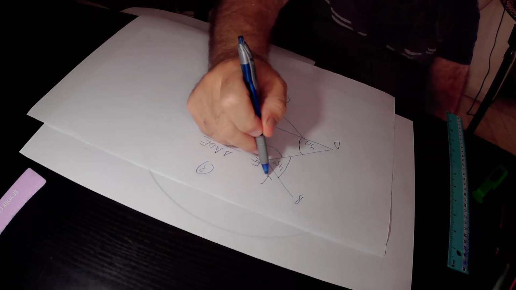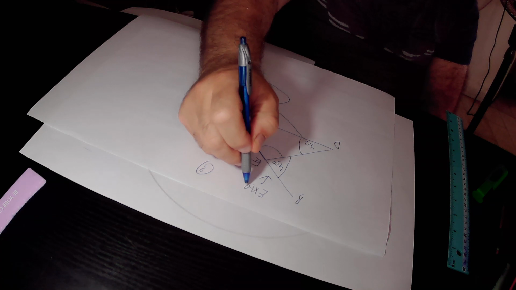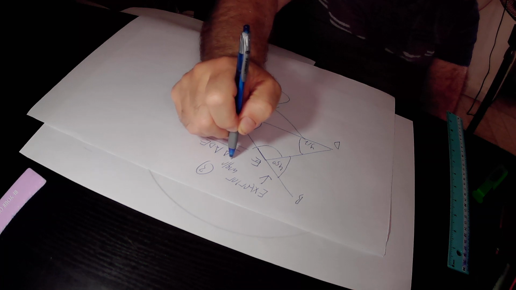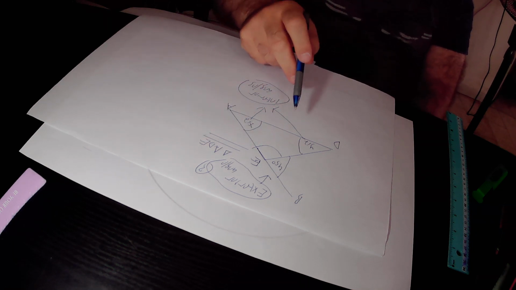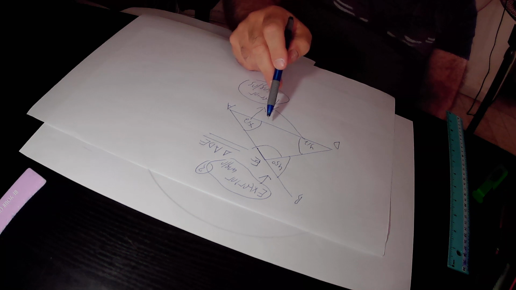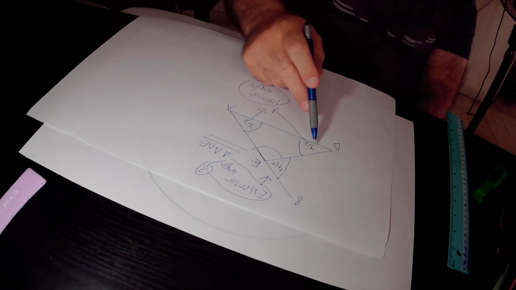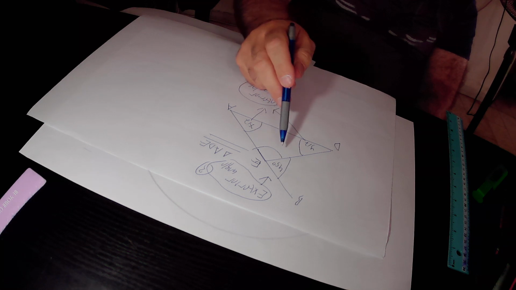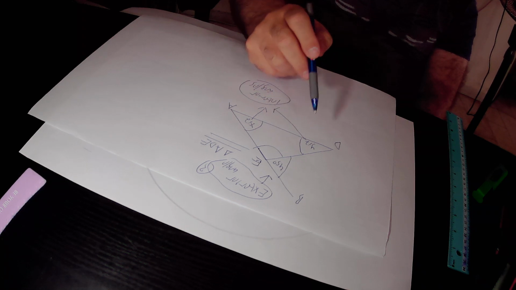So those three angles inside triangle EDA are all interior angles, while angle BED is located outside and is an exterior angle of this triangle.